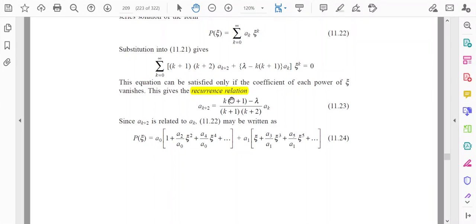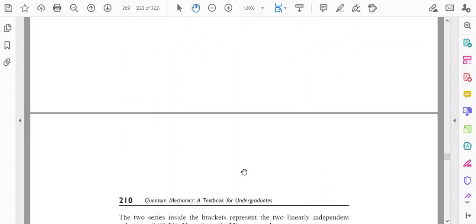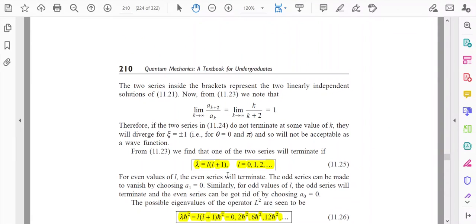So you have to make the numerator equal to 0 for some value of k that is equal to L.